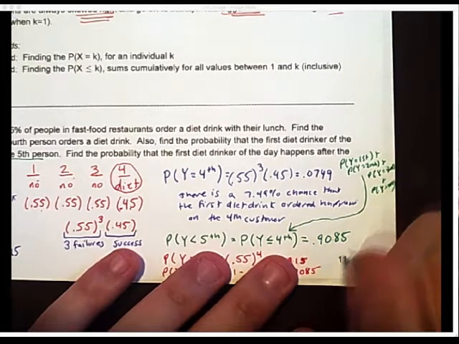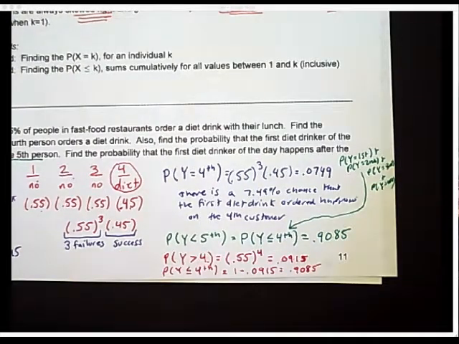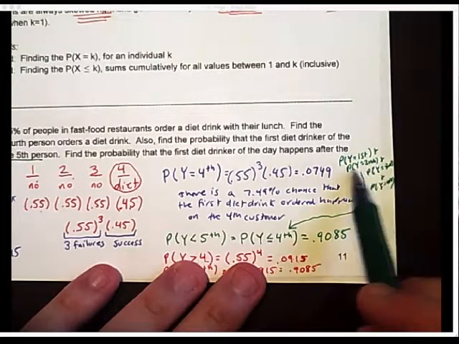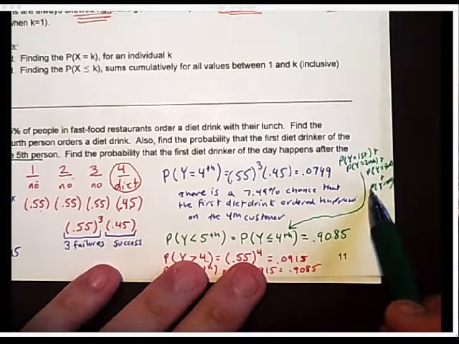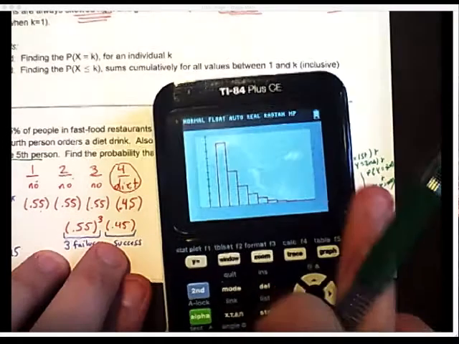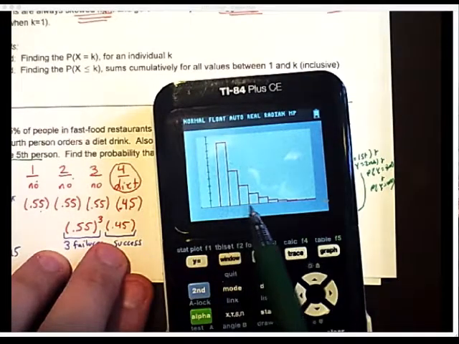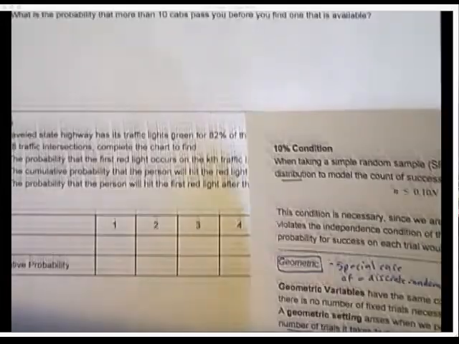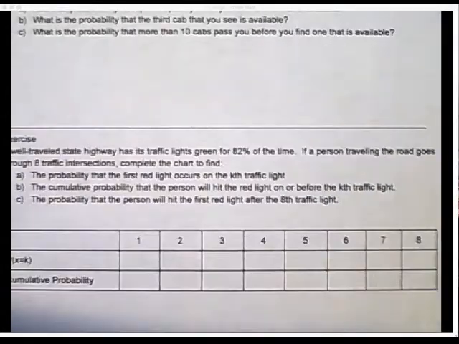So you could add them up individually, using geometric PDF for each one. Or like we said, that's like adding up all the first 4 individual bars. All right. So we're almost there. We got one more page.